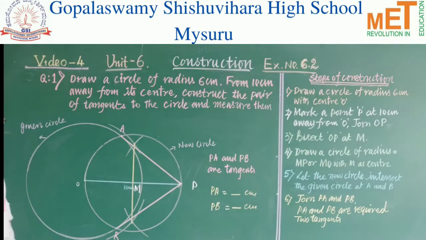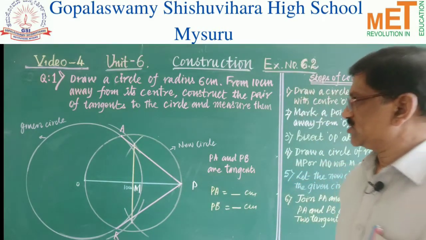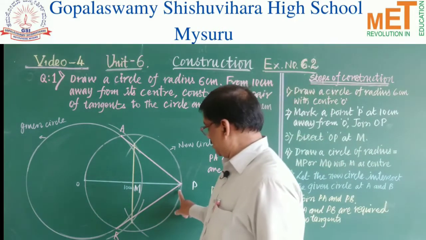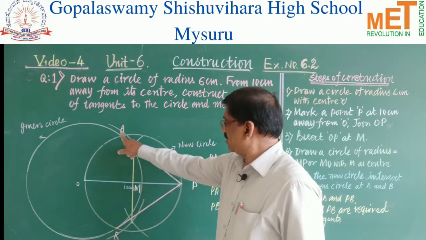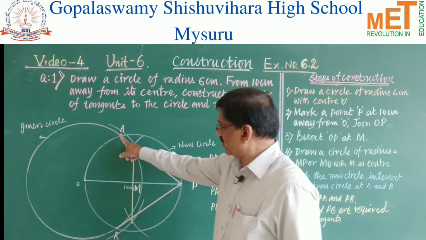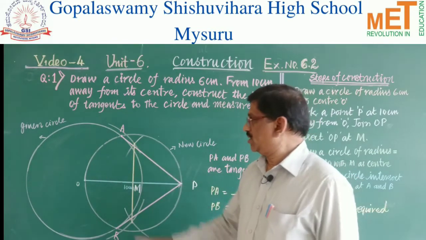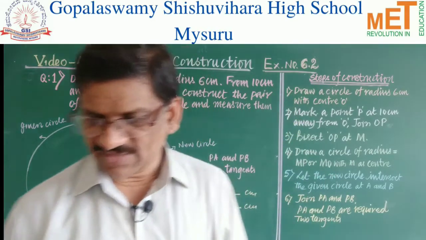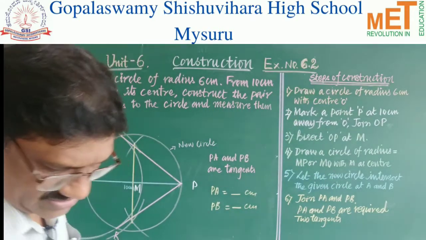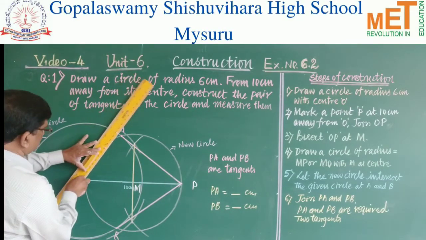Okay children, one more thing I want to tell you about this. See here, OP, PA, and if you join OA, it forms a triangle. Look at this, it forms a triangle.